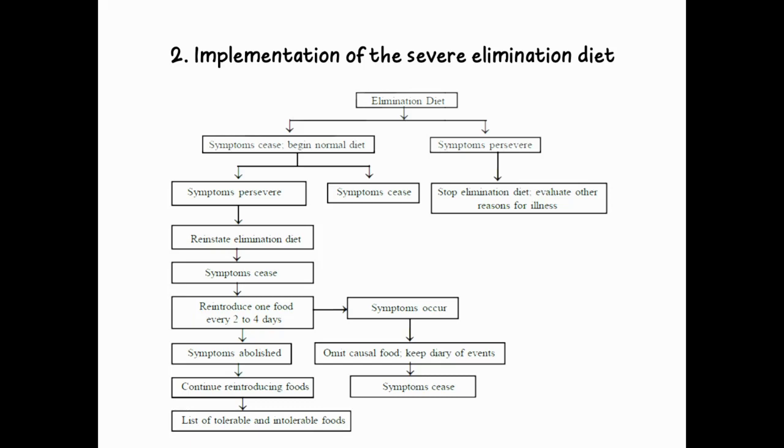After that we list the foods that are tolerable and intolerable to the patient. Okay, if after the reintroduction of food every 2 to 4 days the symptoms still occur, then we omit the causal food, keep a diary of events, and continue until the symptoms cease.